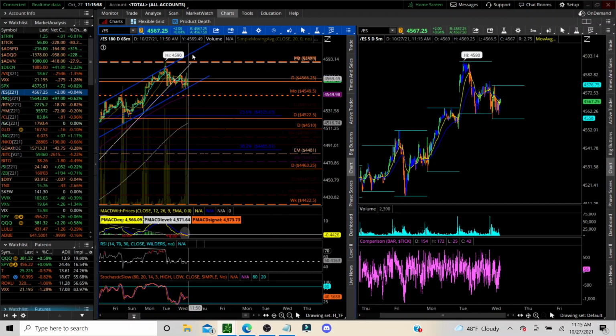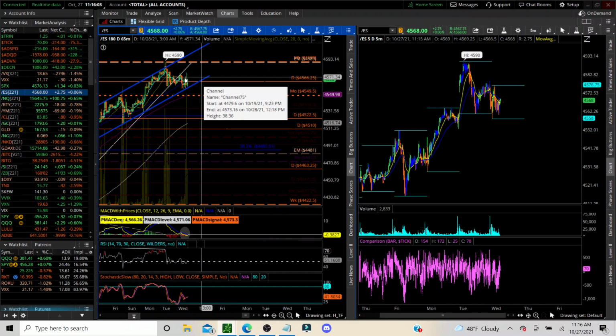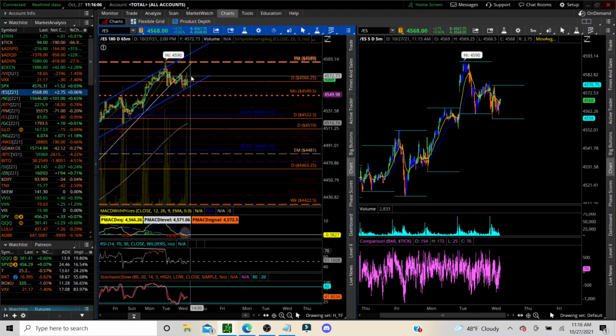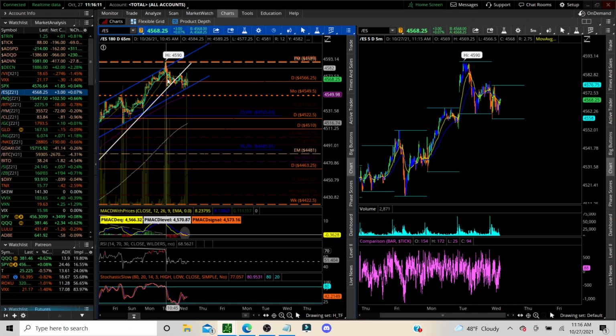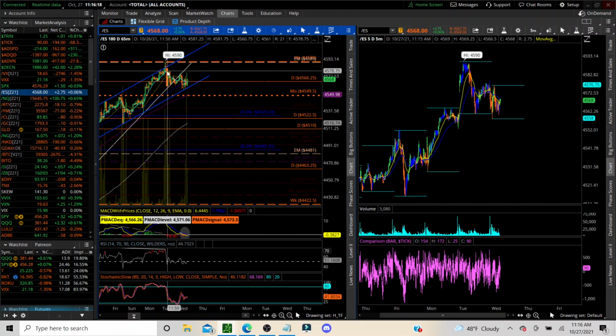And if we start to break up, we have plenty of room in the channel to move to the upside from here. We have this huge reversal candle from yesterday, and we know that we're wrong if we make a new high there, as that will negate that daily candle.